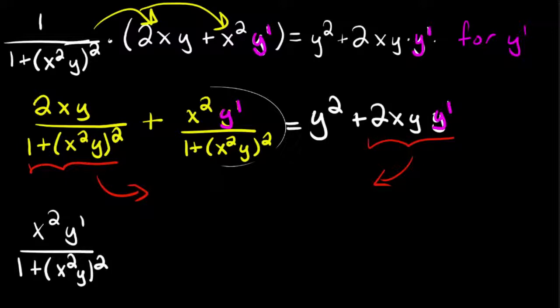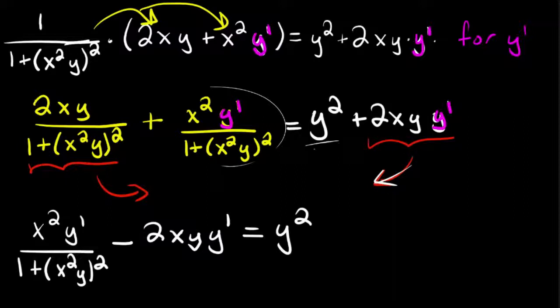Okay, so that's just this guy. And then this guy, I'm moving over to the left, so minus 2xy y prime is equal to, and then I've got y squared, that's this guy, just stays there. And then this guy moved over, so this is going to be minus 2xy over 1 plus x squared y squared.